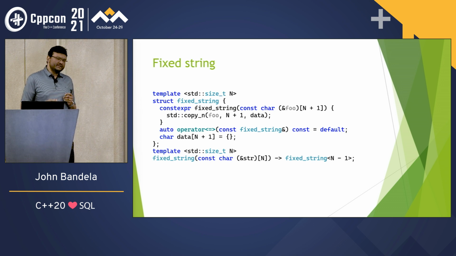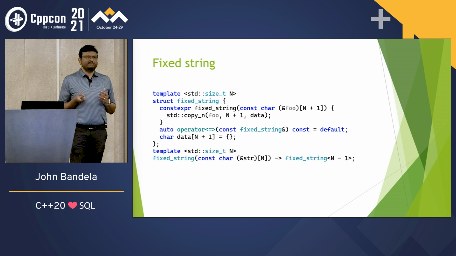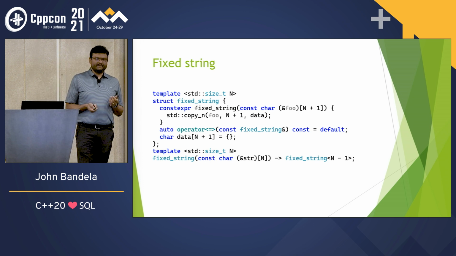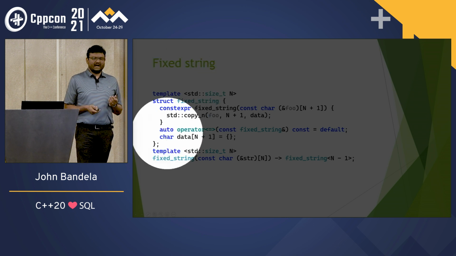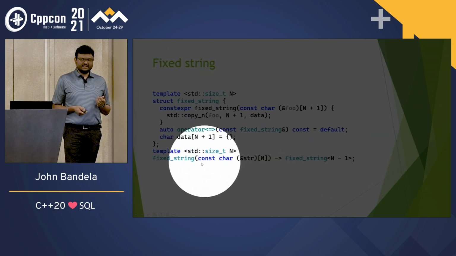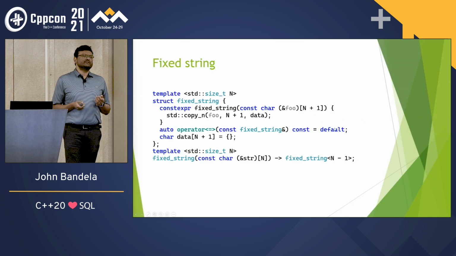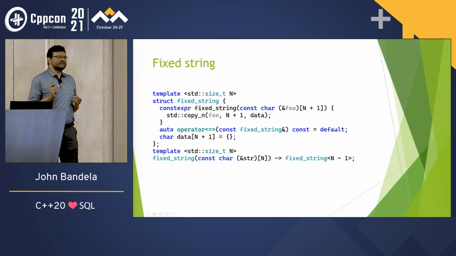What you need to do is, this is an example of fixed string. It was in the paper for that feature. The original had a type template on the char type. For this one, I'm just using char, so I just got rid of it. Basically, this is the magic thing, the spaceship operator that's defaulted.